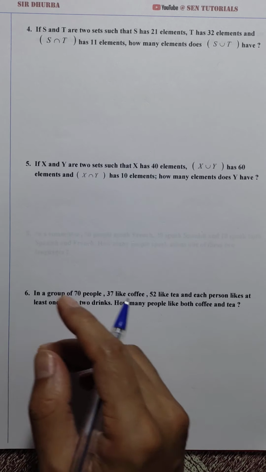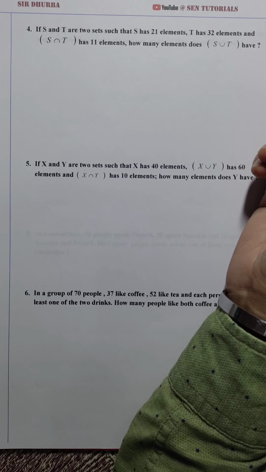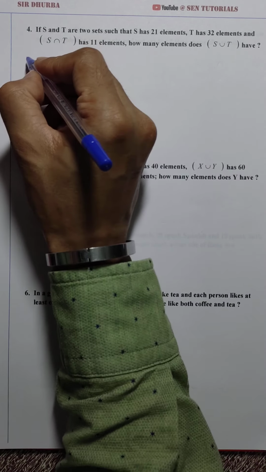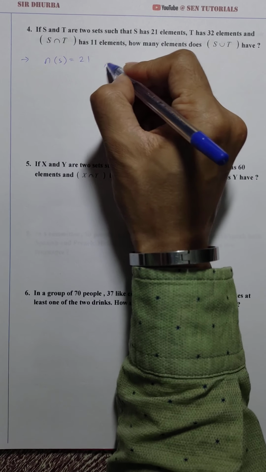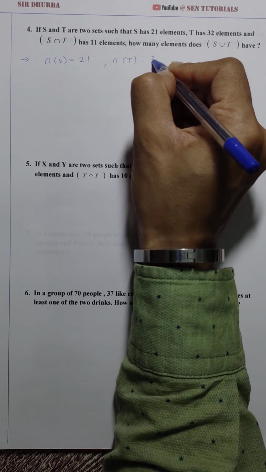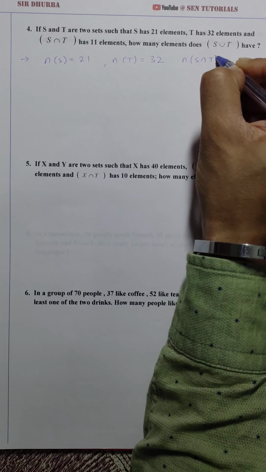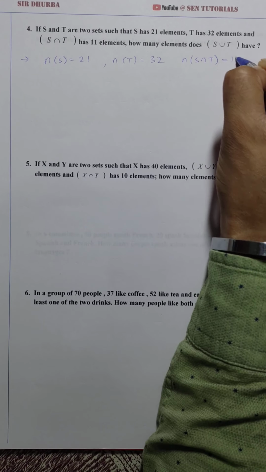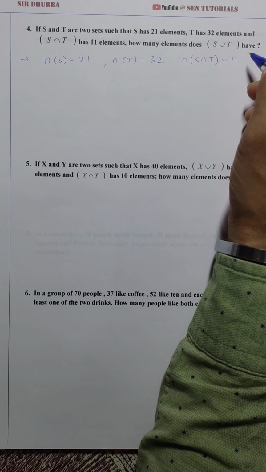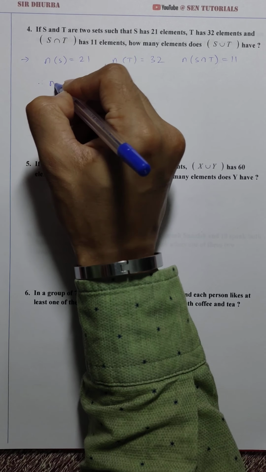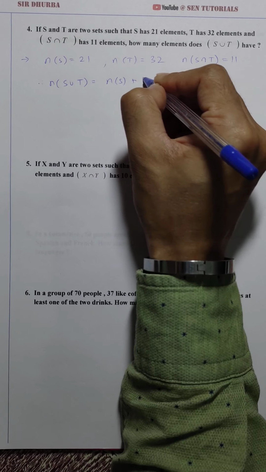Question number 4. S and T are two sets such that S has 21 elements, so the number of elements in S is 21, in T is 32, and in S intersection T is 11. How many elements does S union T have? A very simple exercise.